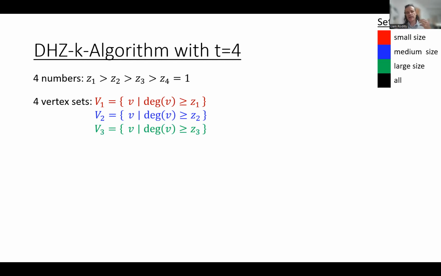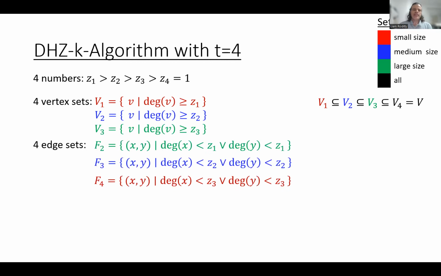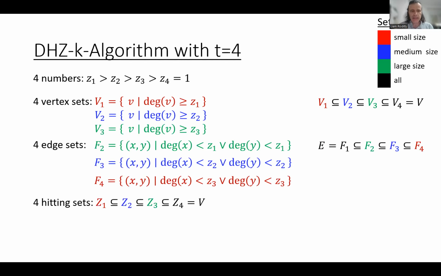V2 is a bit larger, and V3 is also a bit larger, and V4 is simply the entire vertex set. With the edge sets, we have the opposite direction. So F2 is large, F1 is simply the entire set, F4 is the smallest. And for the Z sets, Z1 shouldn't be too large because it's very easy to hit a large neighborhood with a small number of vertices, and so on. So these are the relations.